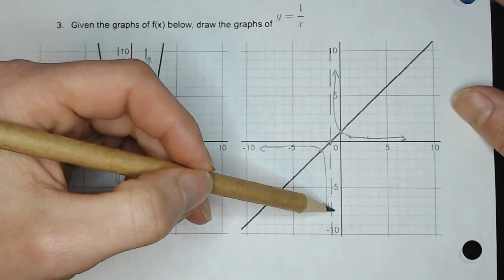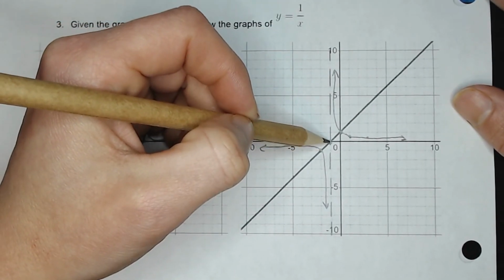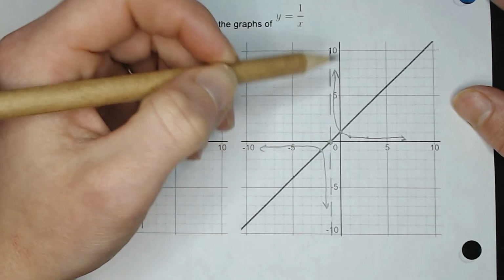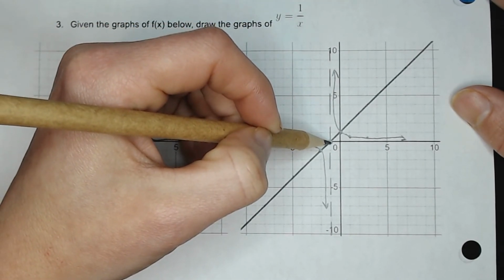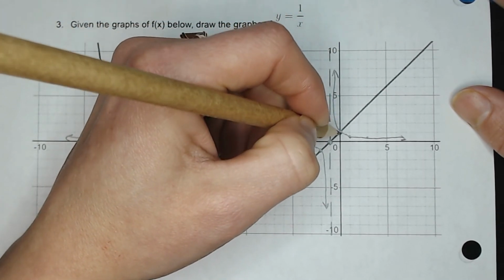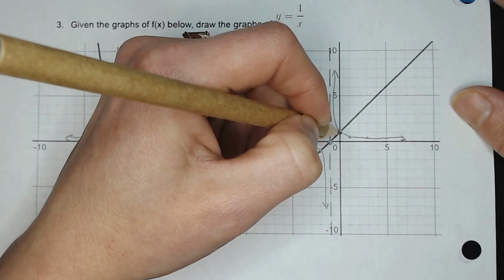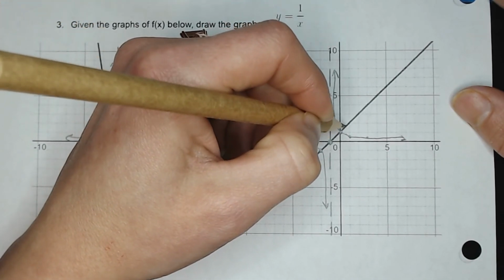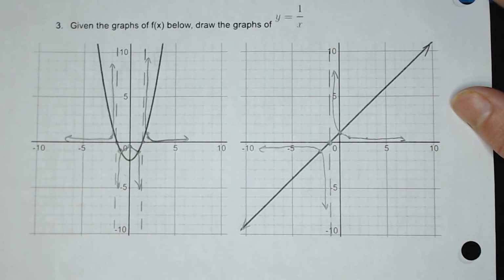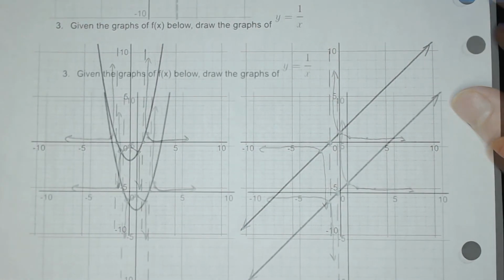The same thing on the graph on the right-hand side, we have an asymptote at x equals negative 1. And then you just find your points where y equals positive 1 and negative 1. Now you have 3 points. You can just use your ruler and draw your graph in.